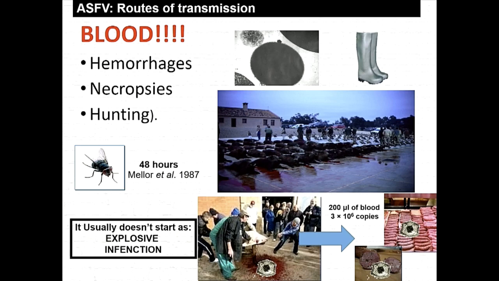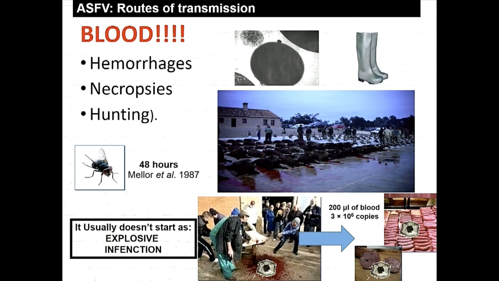When you do the necropsy, be careful that there are no flies around, because flies are a fantastic mechanical vector to take the blood and go from one farm to another. So if it's summer, please be careful. Don't do a necropsy without first using insecticide to kill the flies, or an electrical system to kill the flies.